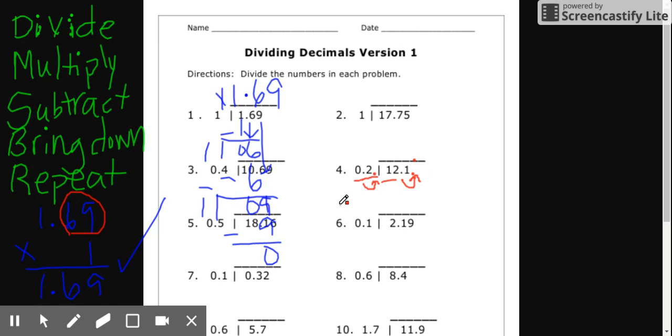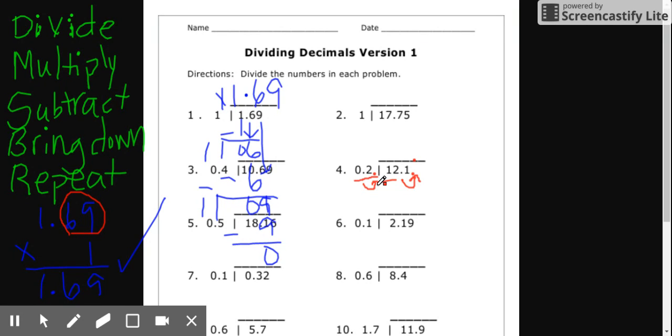So again, let's repeat that quickly. You cannot divide unless there is not a decimal in the divisor. In number 4, I have a decimal because my divisor is 0 and 2/10. I have to move that out of the divisor. And what I do is just always move that decimal to the end of the divisor. So I moved it to the end.